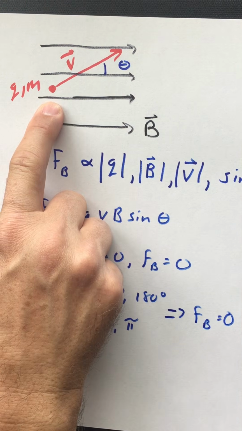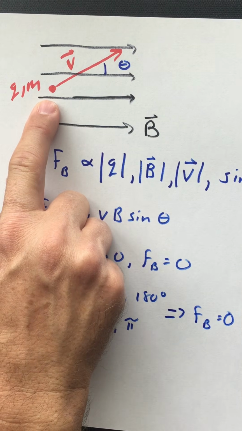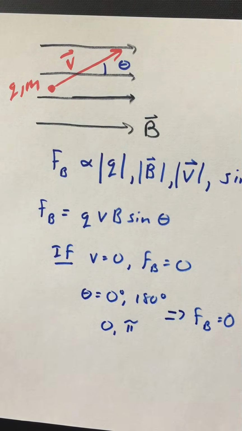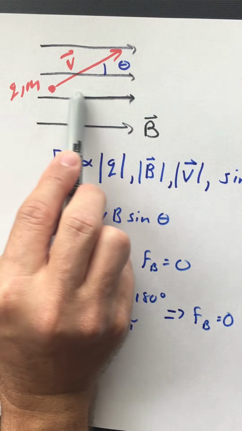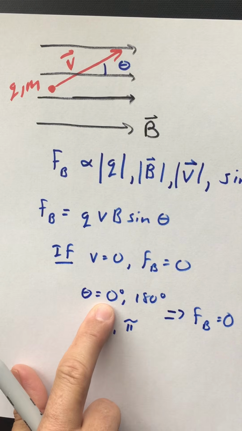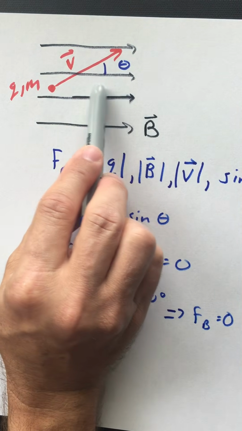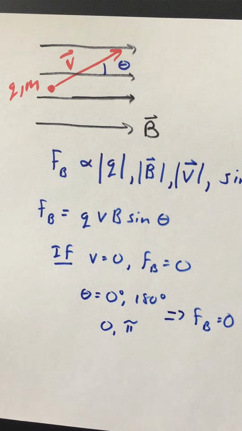So it gets even weirder. If this thing is sitting still, there's no force. If it's moving parallel to the field, which is 0 degrees, or anti-parallel to the field, which is 180 degrees, or pi radians, then there's still no force. I'm hoping that strikes you as strange, because it is strange.